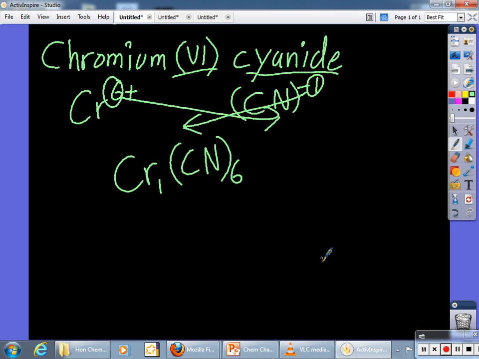No. Potassium fluoride? Yeah, no, potassium's a metal. These are all ionic. All of these have metal in them. I'm talking about like nitrogen, like non-metals. Oh, you mean like the nitrogen.